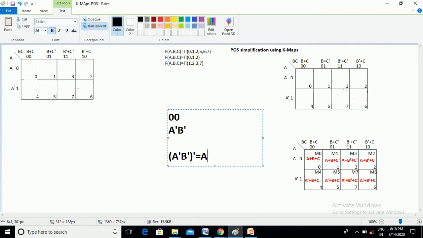The AND gate will convert to the OR gate, and already there is one inversion on a, and b also already has one inversion. After applying the distributive law, you will get two inversions for these two signals. Then the two inversions get cancelled. You will get a plus b. Now see, a dash b dash will become a plus b in a max term combination.